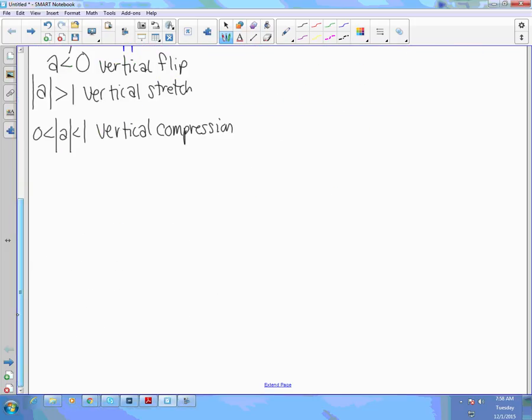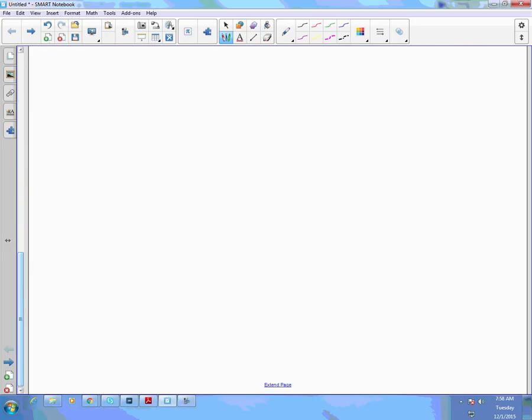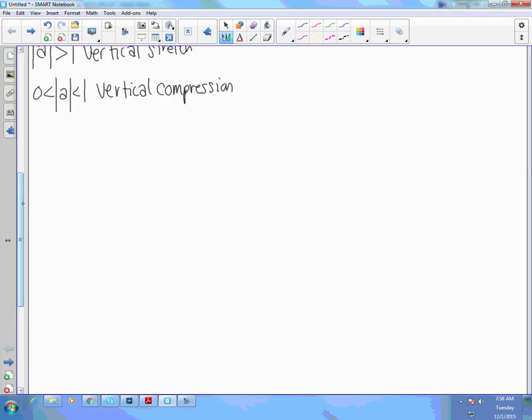Okay. We're going to practice identifying the vertex, and we're going to do a rough sketch, or a rough graph. Nothing is perfectly precise, but a basic idea.